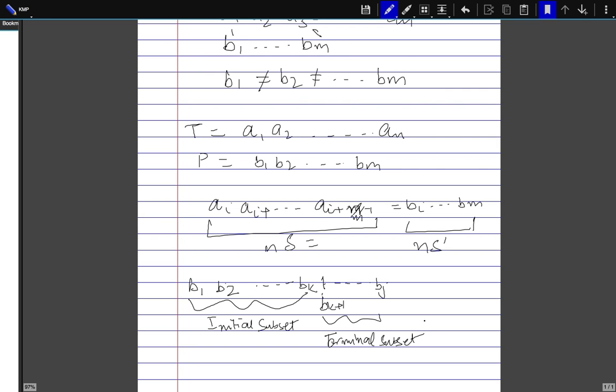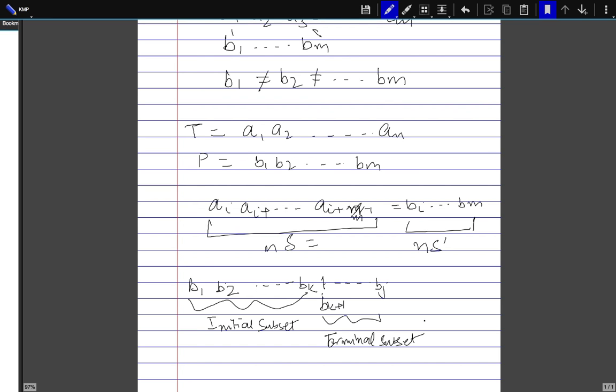If we can somehow find that property, then we know we don't actually need the entire pattern to be matched, because if I am matching the initial subset, then that is more than enough for me to deduce whether there is a match in the string.